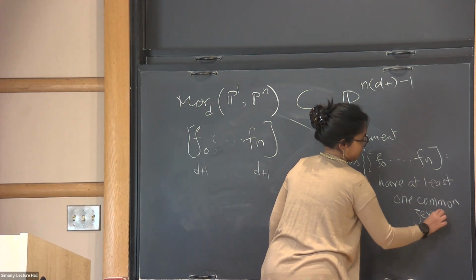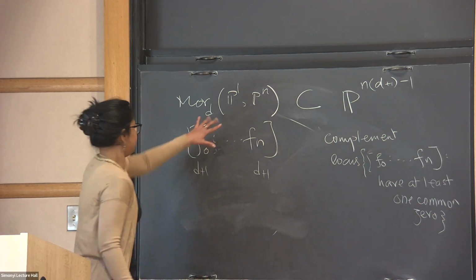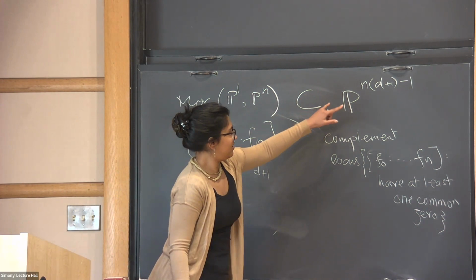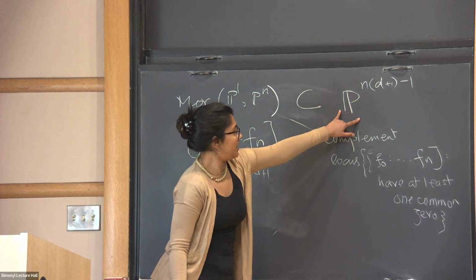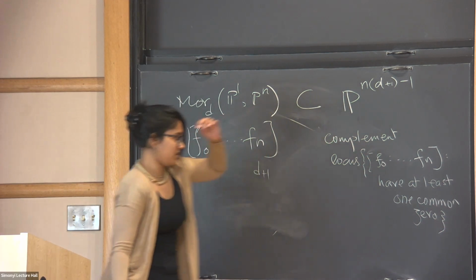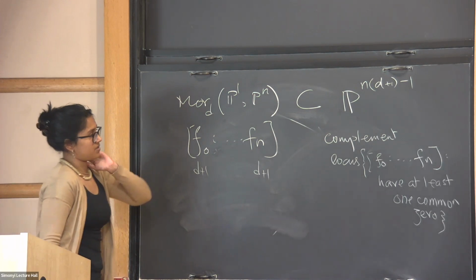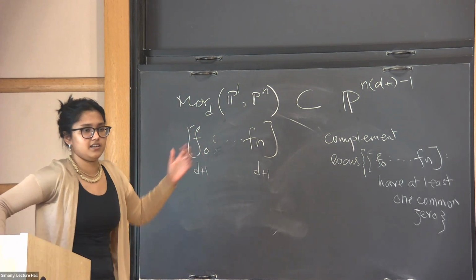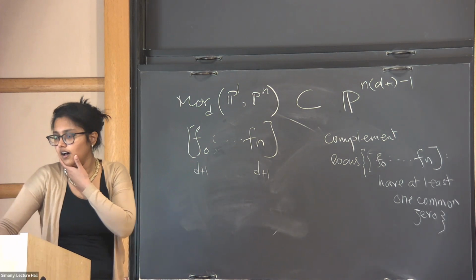Right? So this is a Zariski open dense subset of this projective space, as a complement of a complex codimension 1 closed subvariety in this projective space. So that's a pretty big space, all things considered.